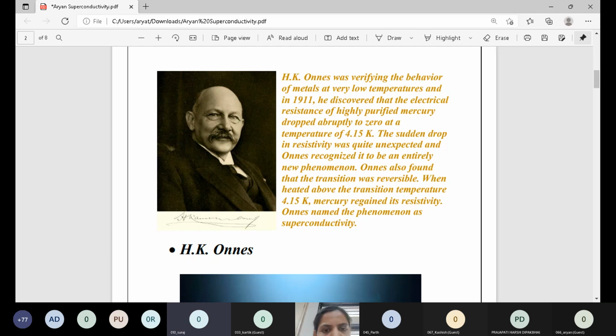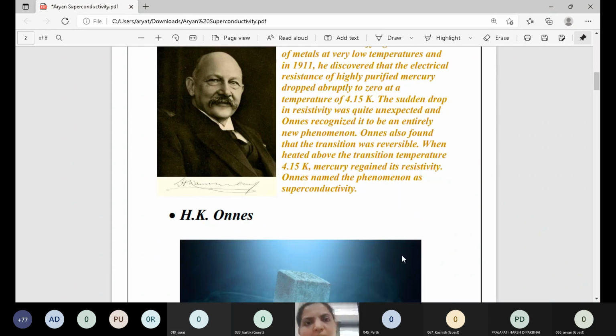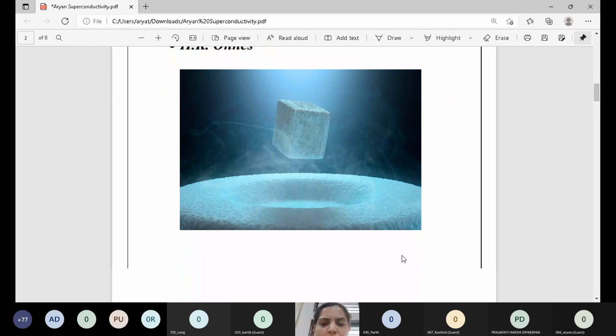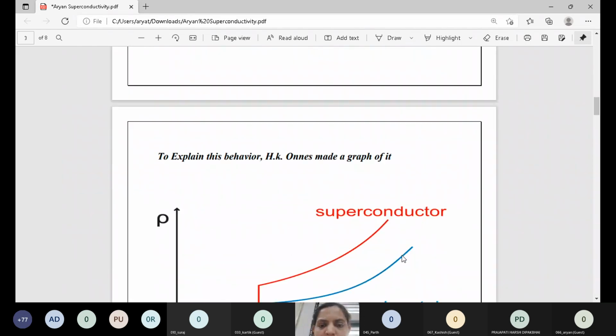I'm not asking anything, but I want to discuss that when resistance is 0, then voltage becomes 0. Then how will current flow in a conductor, if voltage is tending to 0? Aryan, this question is for you. He is asking that if resistance is 0, how would current flow?